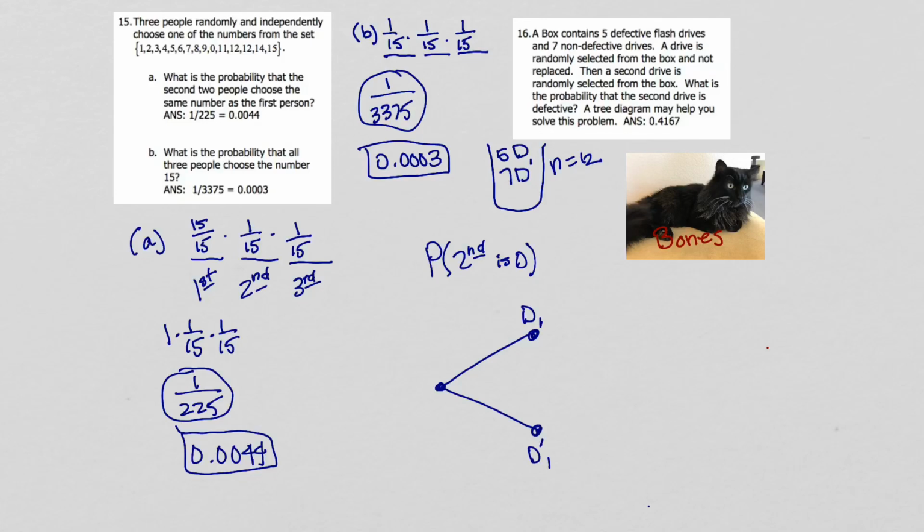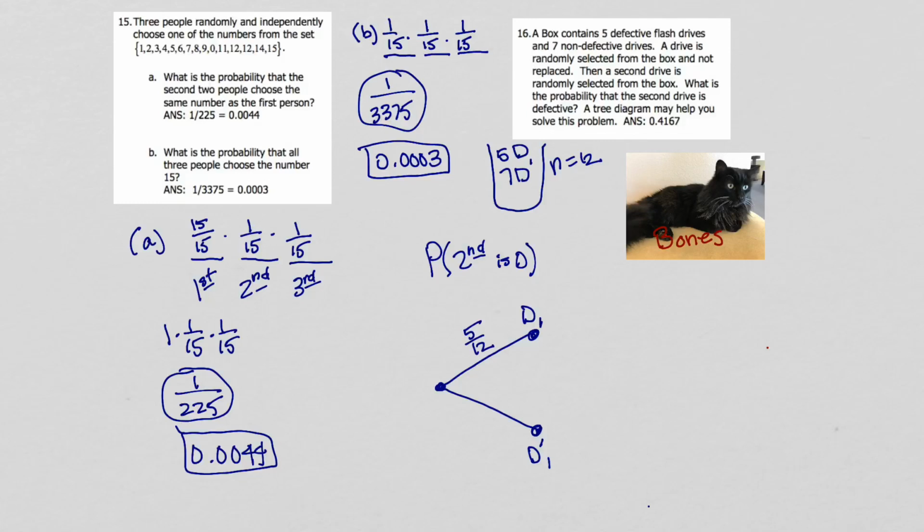Now, the probability associated with each event is this. What's the probability of getting a defective on the first? Well, there's 5 defectives and 12 altogether. So the probability of moving up this branch is 5/12.